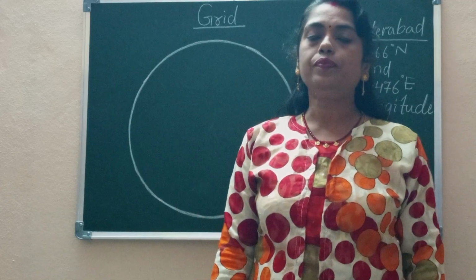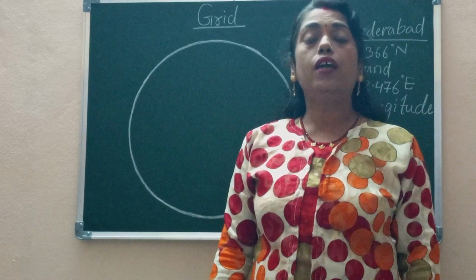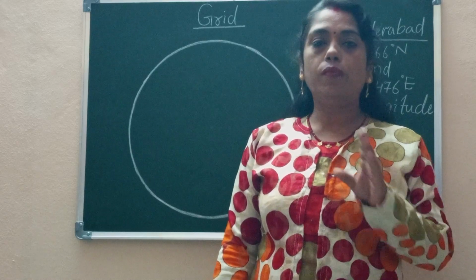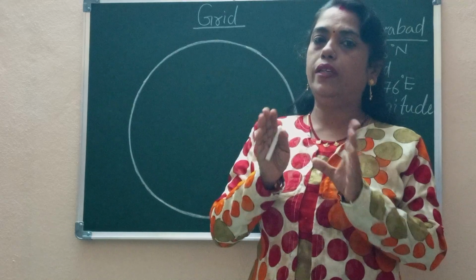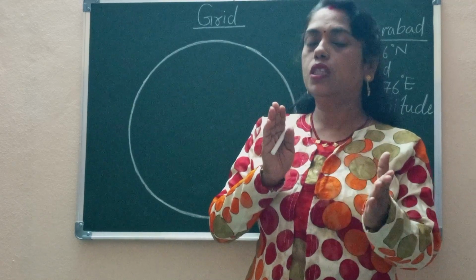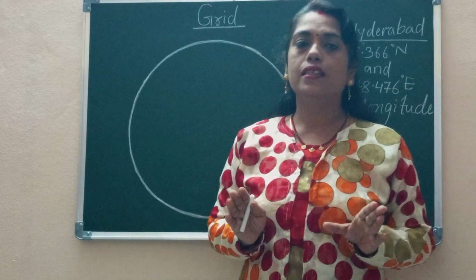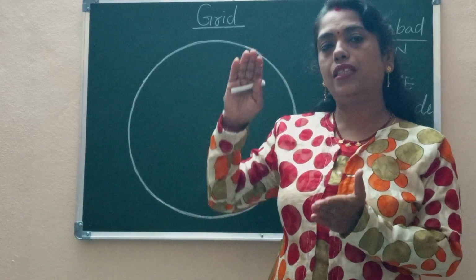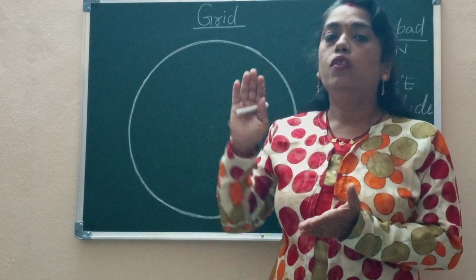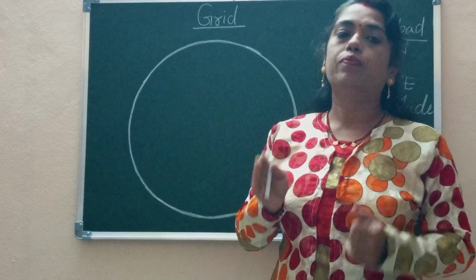After that, the lines of latitude go on decreasing from the equator to the North Pole, and in the same way they decrease from the equator to the South Pole. All of them are full circles, and each circle decreases as it goes from the equator toward the North Pole or the South Pole.